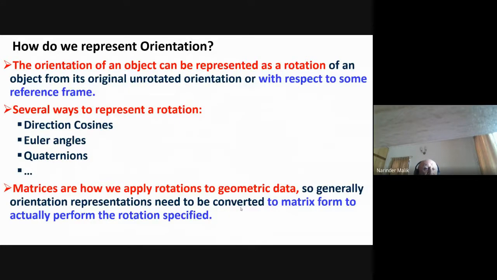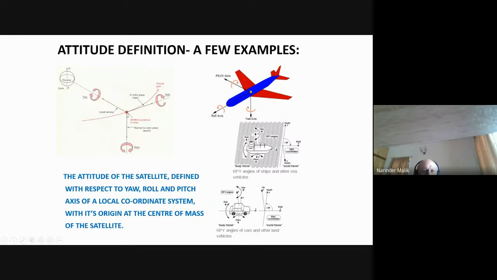How do we represent orientation mathematically in the inertial frame? See, the roll, yaw, pitch are defined with respect to an orbital frame. That is the body. Now, if the body's orientation is slightly off, you want the spacecraft to look at the Earth center, so you want the yaw axis to look towards this. You so define the yaw axis of the spacecraft also. Similarly, define the roll axis of the spacecraft to point in this direction.